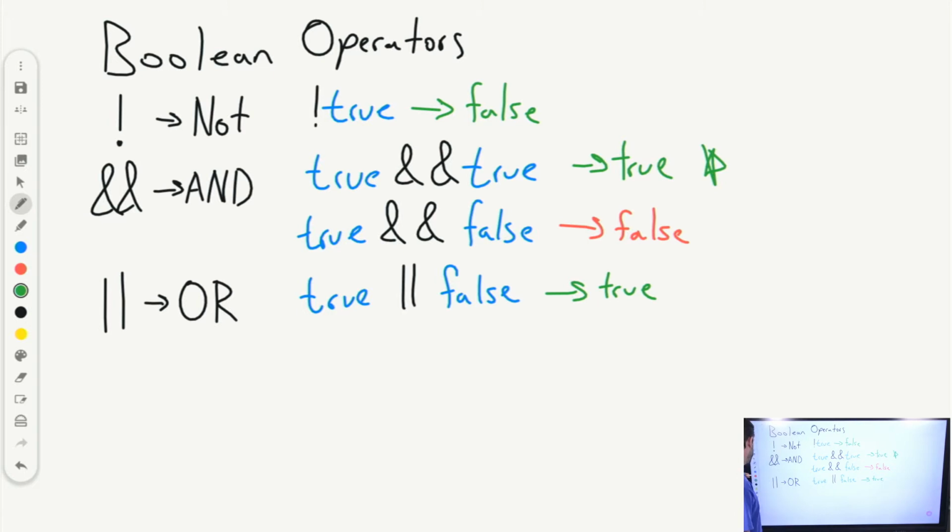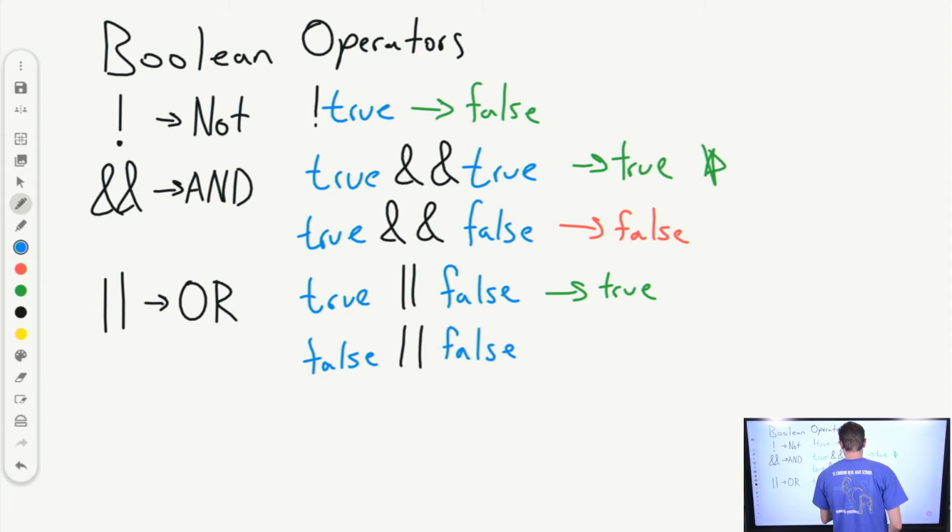And if I have false or false, this will evaluate to false. So it's only looking for one side to be true.